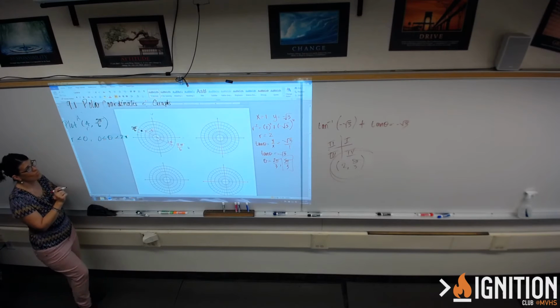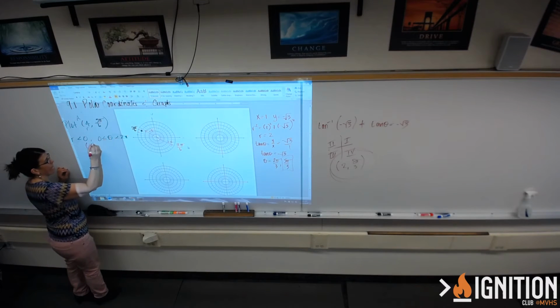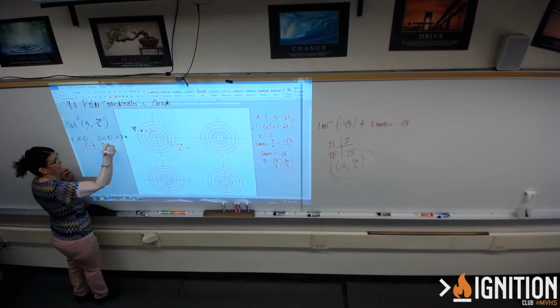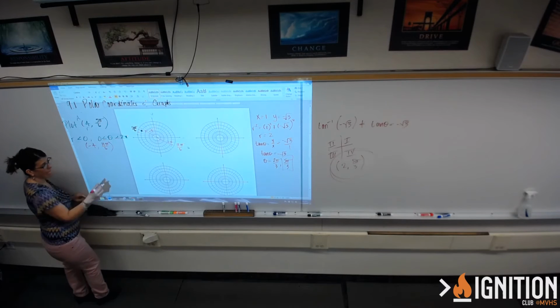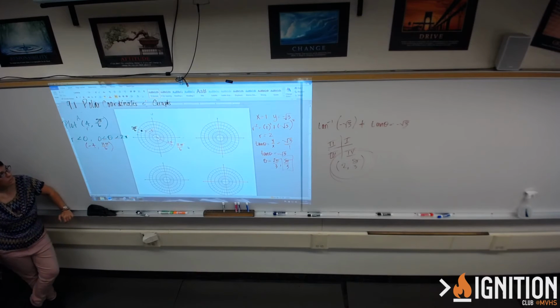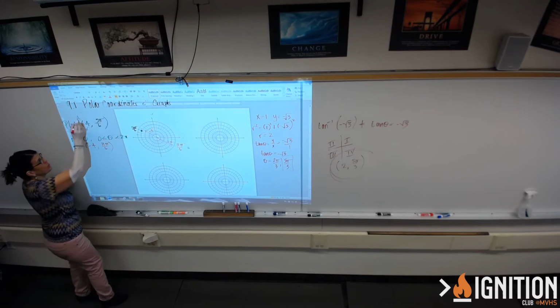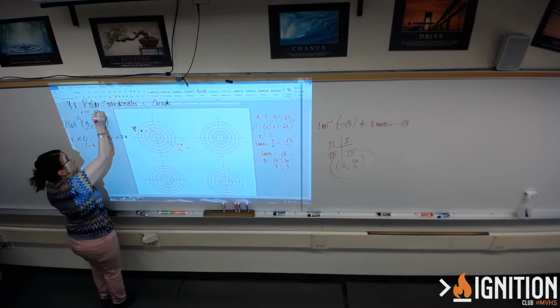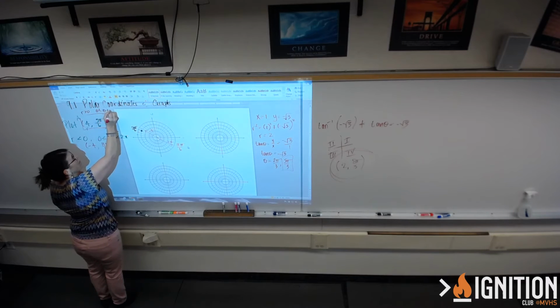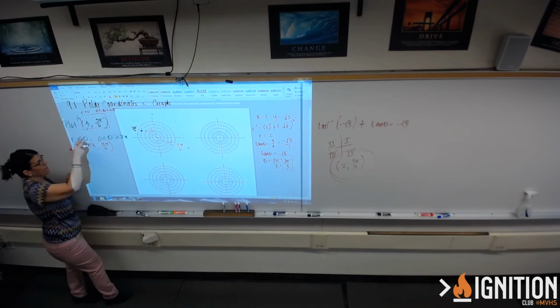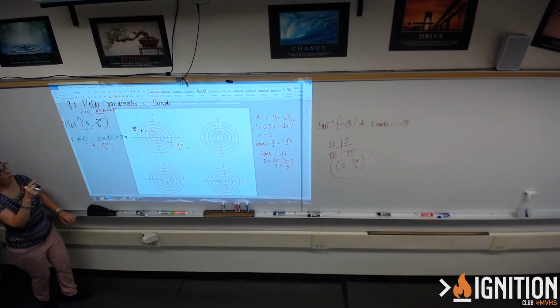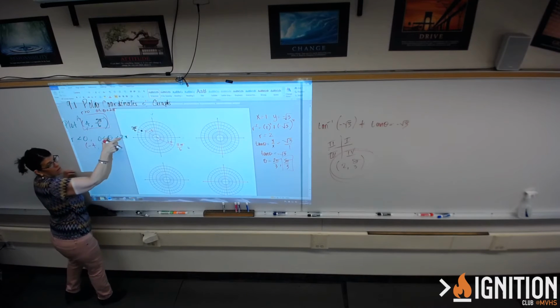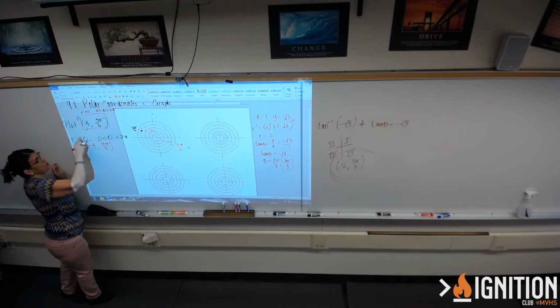Negative 4, 11 pi over 6. These 2 points: r is greater than 0, 0 less than or equal to theta less than 2 pi. Range is the same, domain is opposite.